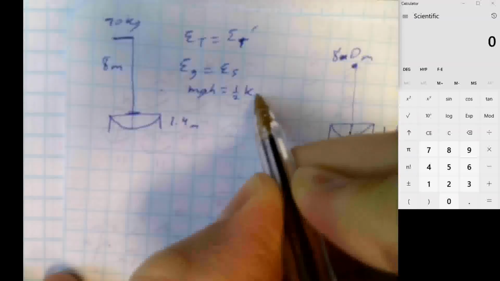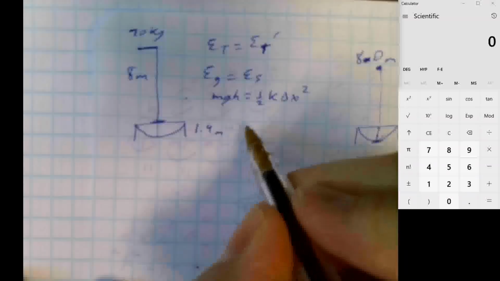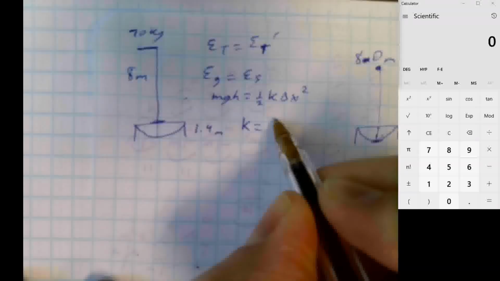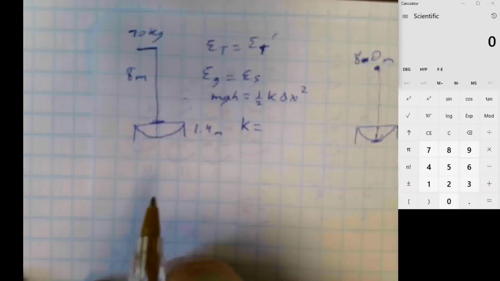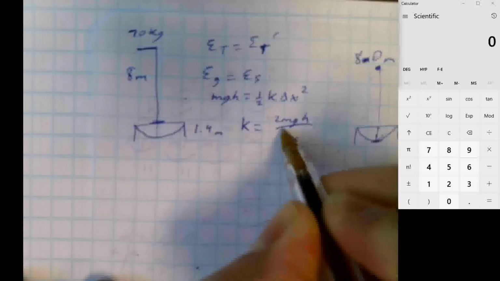So this becomes mgh equals 1/2 k delta x squared. So we'll need to rearrange this for solving for k. That gets us to k equals 2 mgh over delta x squared. Now, when you look at the question, it gives us 3 significant digits for each value.